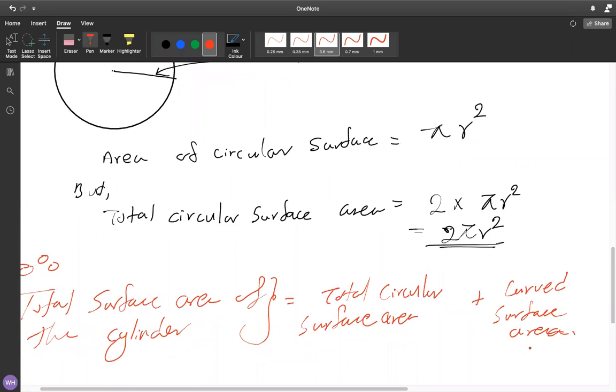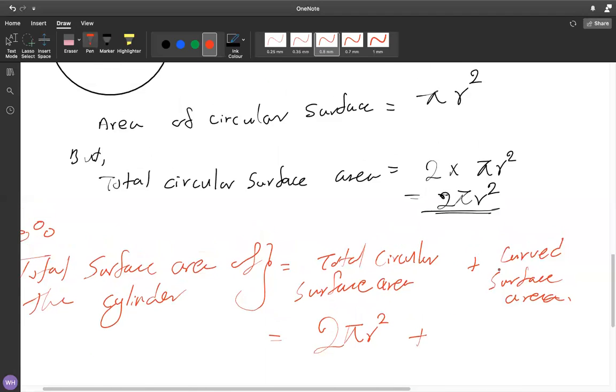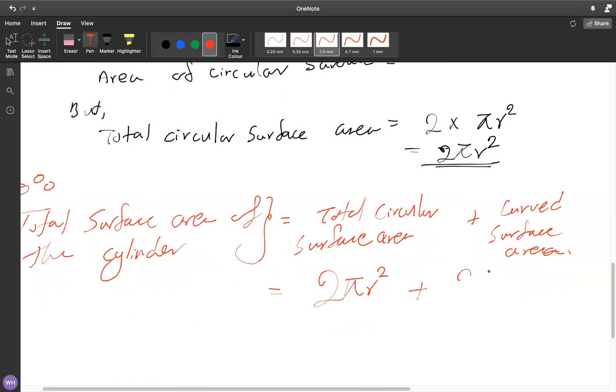Is that clear? Right. So the total circular surface area is 2 phi r squared, while the curved surface area is 2 phi rh. Okay. It's 2 phi rh.